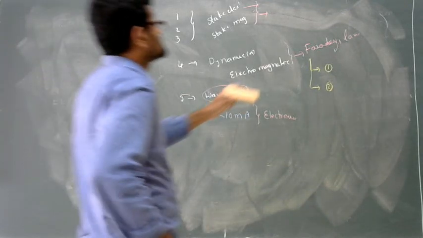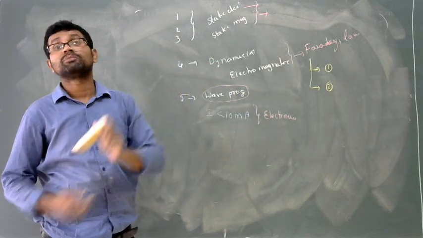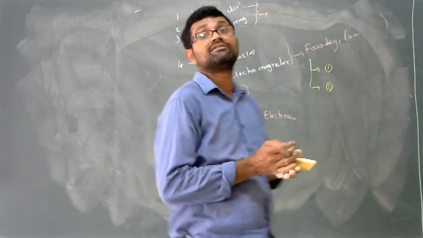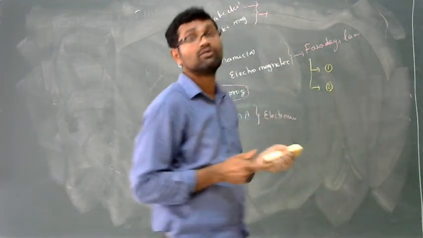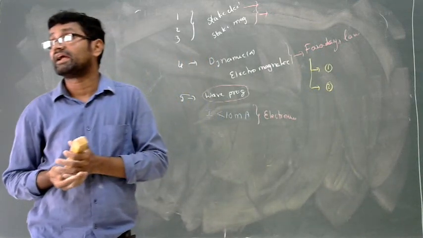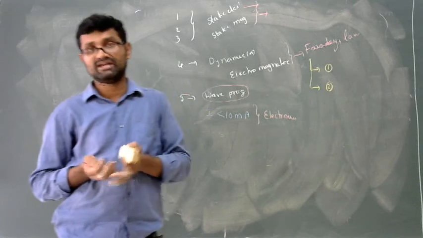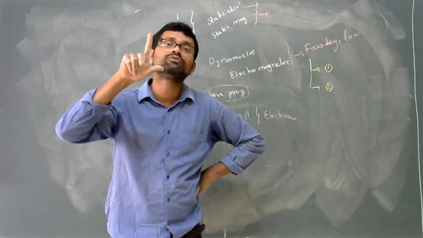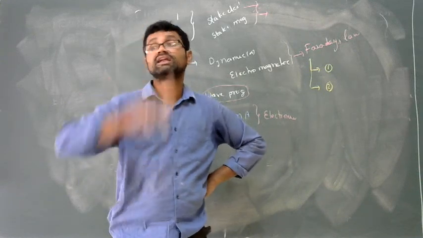We discussed Faraday's laws, and from Faraday's first law we prepare a voltage source. A voltage source has a positive terminal and a negative terminal. To know these terminals, we use Fleming's right hand rule. What does Fleming's right hand rule say? The inputs are flux and mechanical force, and with that we get electrical energy.